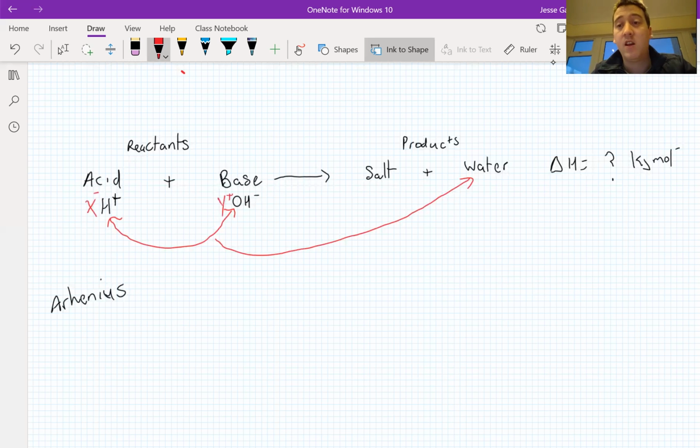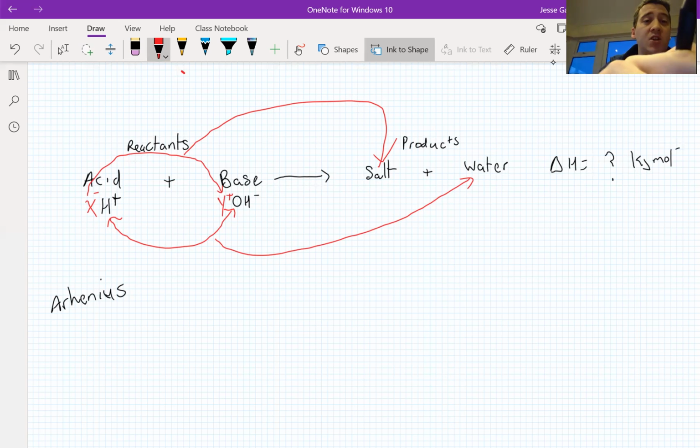That could be any metal, any cation. So if the H plus and the OH minus react to give water, then the X minus and the Y plus are going to react together to give the salt. That's how you can always work out the salt. Take away the H and the OH to make the water, and whatever else is left is going to make your salt.